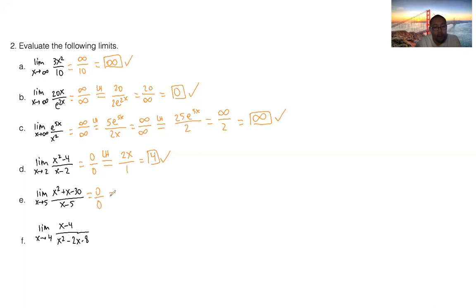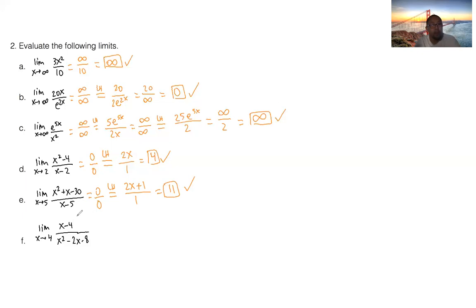Again, you're going to use L'Hopital's rule. So the derivative of the top, respectively, is going to be 2x plus 1 over the derivative of the bottom, which is just going to be 1. Now when you evaluate x at 5, 2 times 5 is going to be 10, plus 1 is going to be 11 over 1, which is going to be 11.